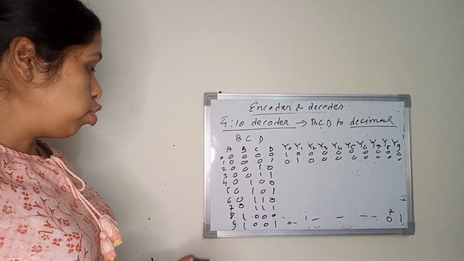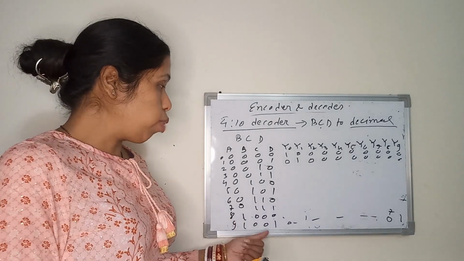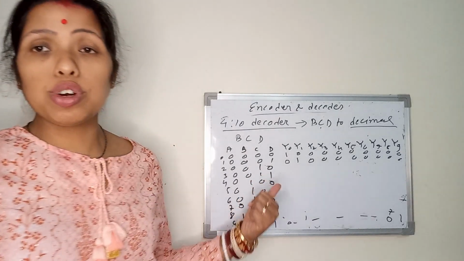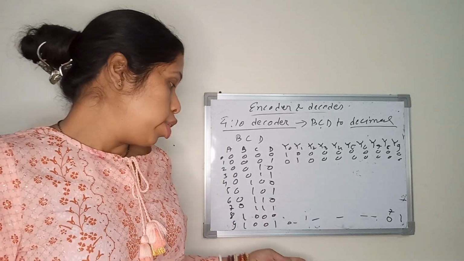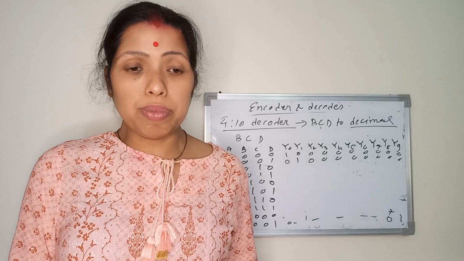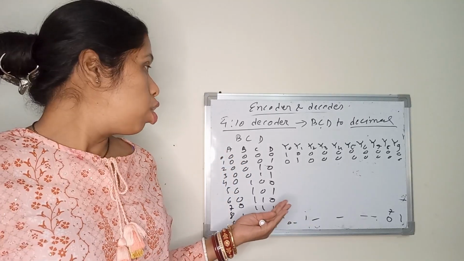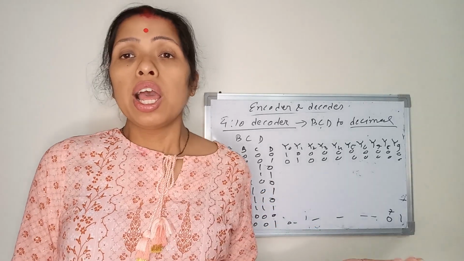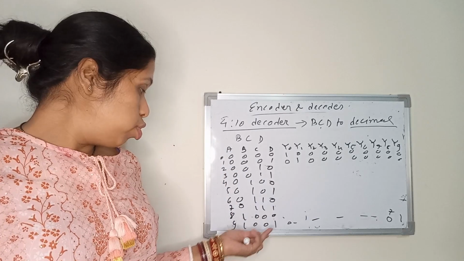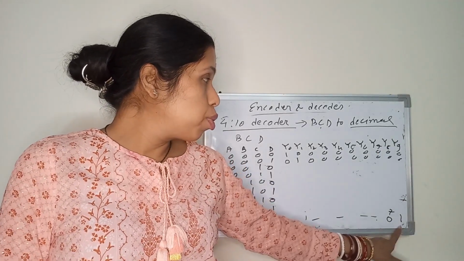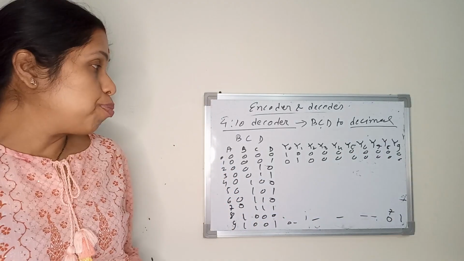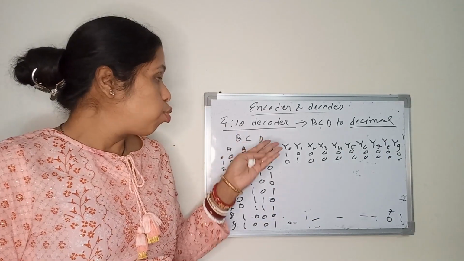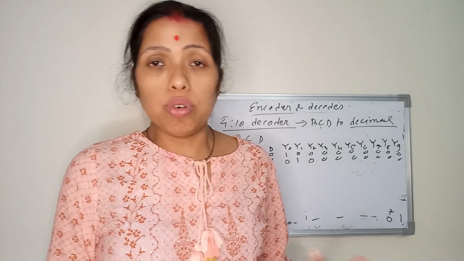What will happen if I give 1010, that is 10, into the 4 to 10 decoder? There will be no output. When I give the numbers 10 to 15 to the 4 to 10 decoder, the output will be 0. Before that, if I give 9, Y9 will be 1. If I give 8, Y8 will be 1, and in this way. So this is about the 4 to 10 decoder.